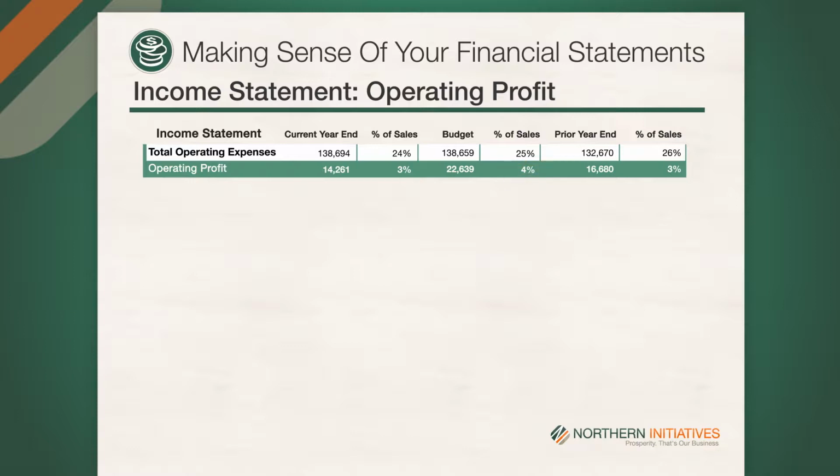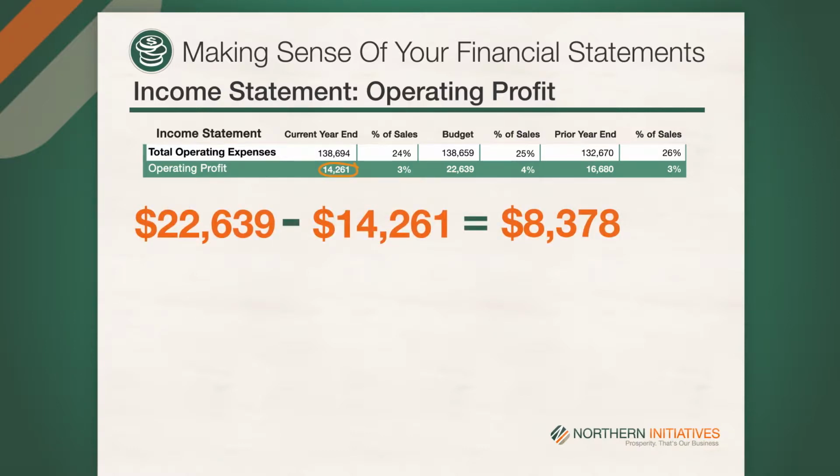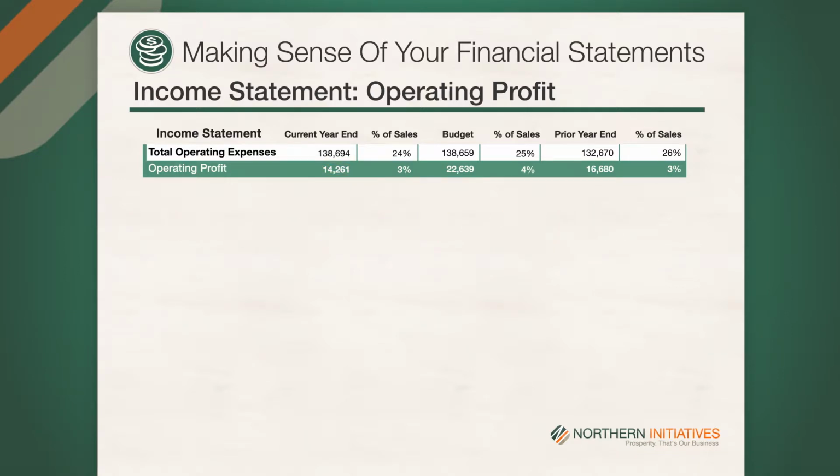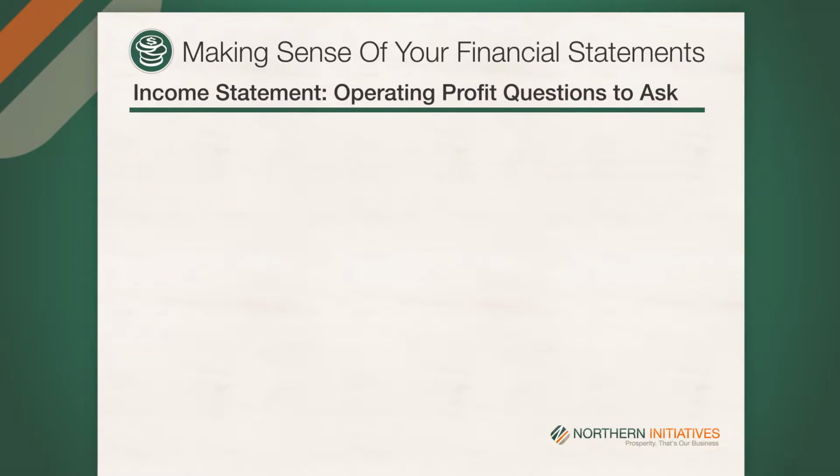In the current year, operating profit was $14,261, lower than budgeted by $8,378. Even though operating expenses as a percentage of sales were down 1%, cost of goods sold increased 2%, thereby reducing overall operating profit.